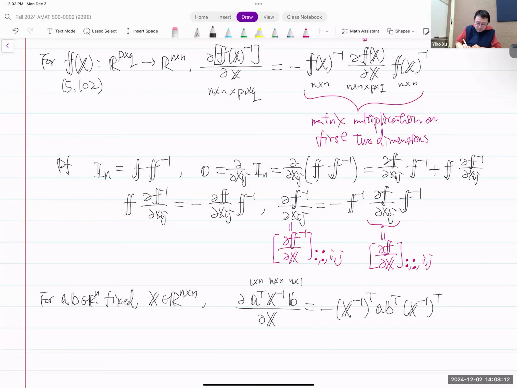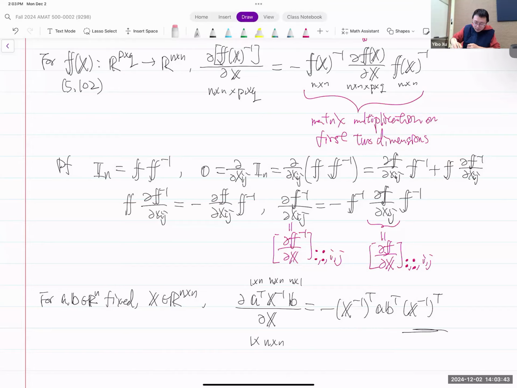So you are doing the partial derivative of a scalar with respect to a matrix X that's n by n. Which is a matrix. And of course, for the left hand side, this is n by n. This is a rank 1 n by n matrix, right? So this is like U V transpose for SVD. So this is the column vector multiplied by row vector, that's n by n also. And finally, this is n by n.